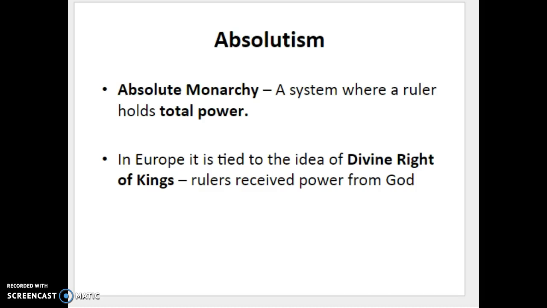Really, in the 1700s or prior to the 1700s, absolute monarchy comes from a concept that was pretty much believed across Europe, called divine right. The concept of divine right basically ties back to these kings believing that not only are they the king because it's a good idea, but they are the king because they are anointed or chosen by God.